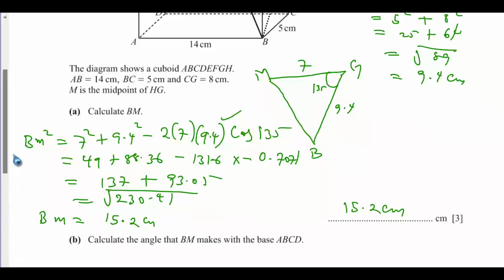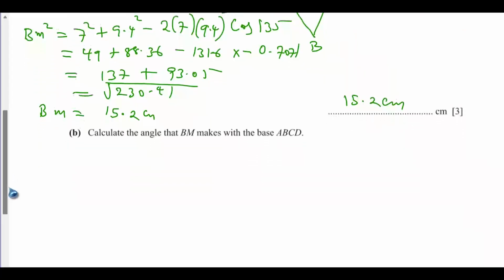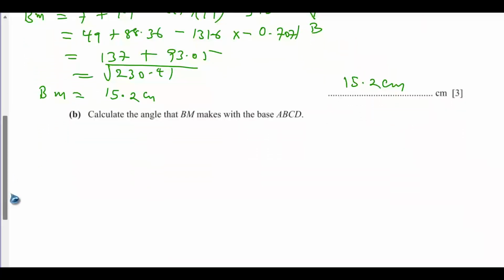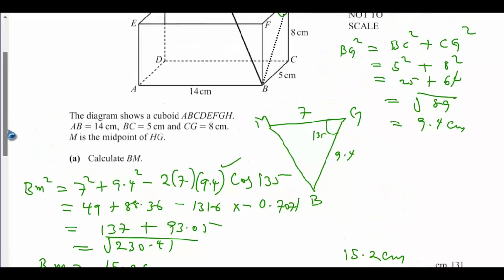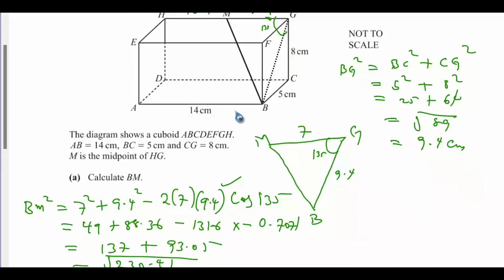Okay, so let's go to part B. Calculate the angle that BM makes with the base ABCD. This is the base ABCD. We can draw a line from D to B like this, from point D here to point B here.